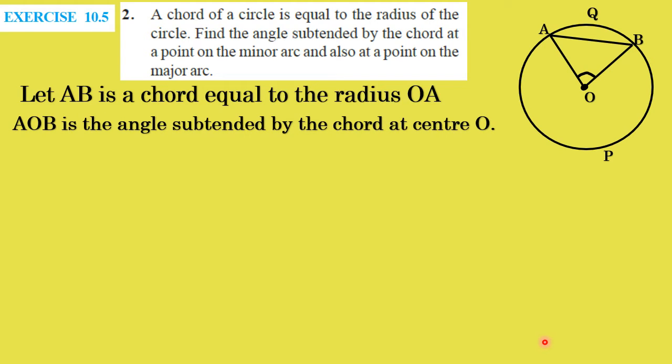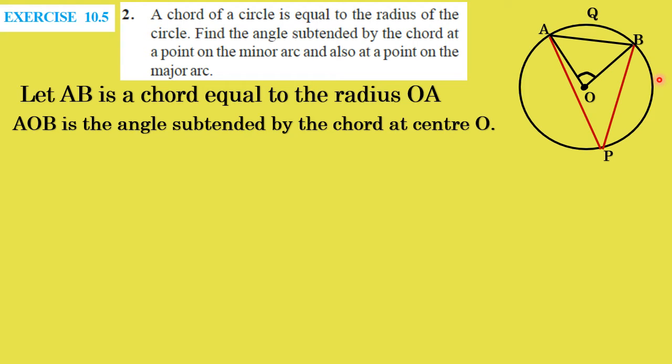So here AOB is the angle subtended by the chord at the center. And just look at this triangle AOB. Here OA is the radius, OB is again a radius, and AB is the chord equal to the radius of the circle. That means this is an equilateral triangle, is it not?